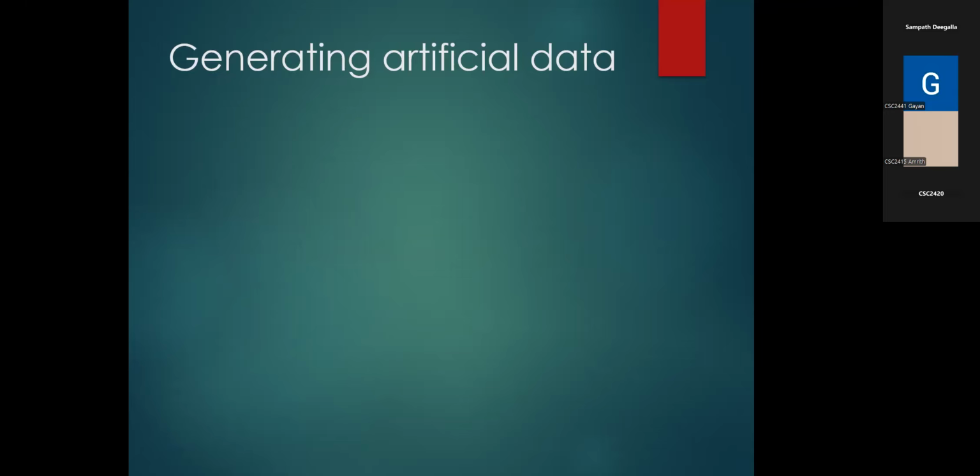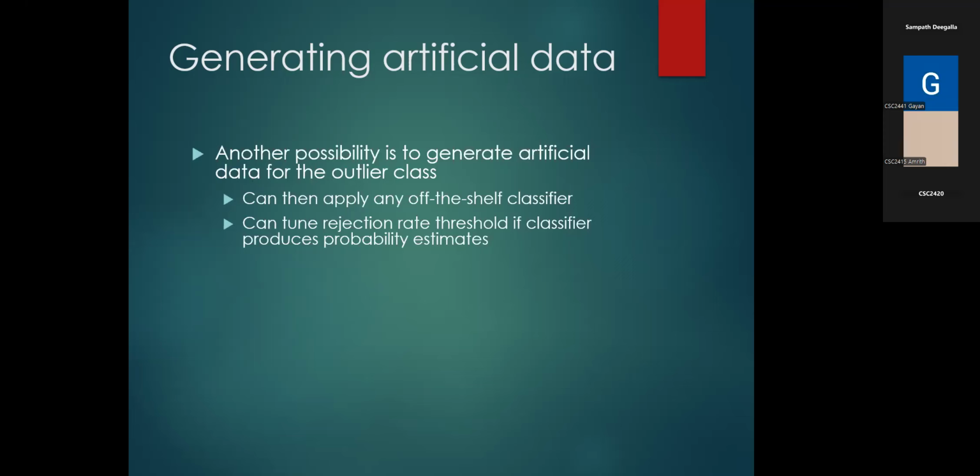Another technique: when we have to build a classifier and you don't have enough data for the second class, you can generate artificial data. I'm not going to say this is the best way, but with the recent advancement of AI, people are now capable of generating artificial data, because the models are capable of identifying the regularities, and based on those regularities they can generate new data for us.